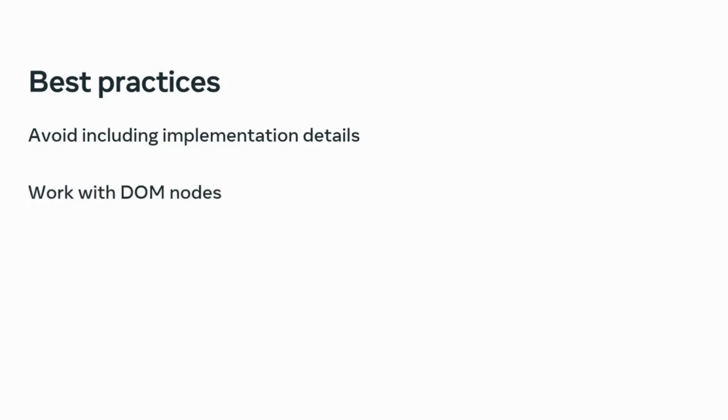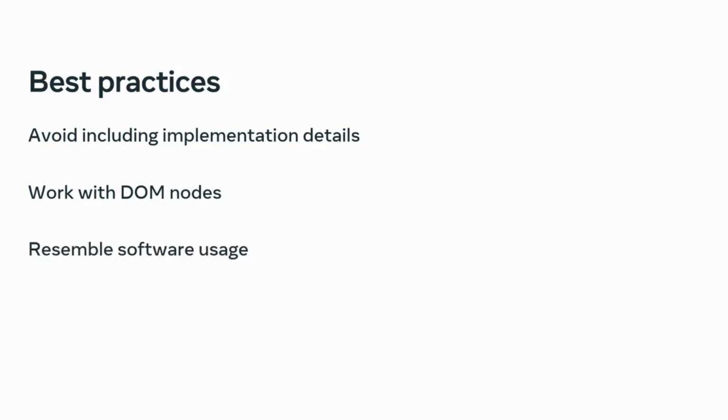Now that you have an idea of why testing is important, what are the best practices you need to keep in mind when writing your tests? The first is that your tests need to avoid including implementation details of your components. React is just a tool, and your final users will have no notion that React exists at all. So rather than dealing with instances of rendered React components, your tests should work with actual DOM nodes.